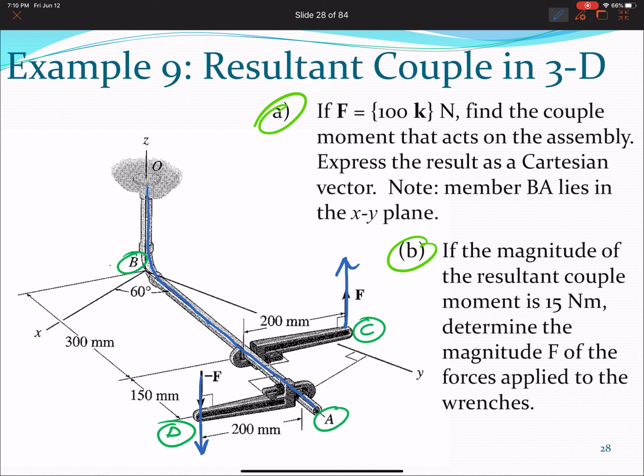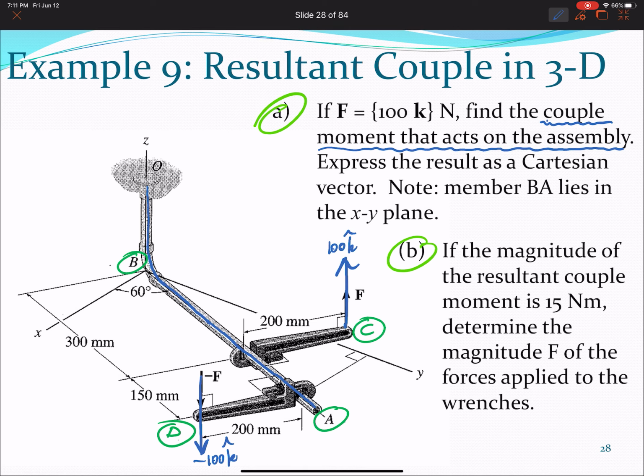And then, it just so happens that the force is the same. This force coming up is 100k hat newtons, and this force coming down is also minus 100k hat. Find the couple moment. It says, find the couple moment that acts on the assembly.